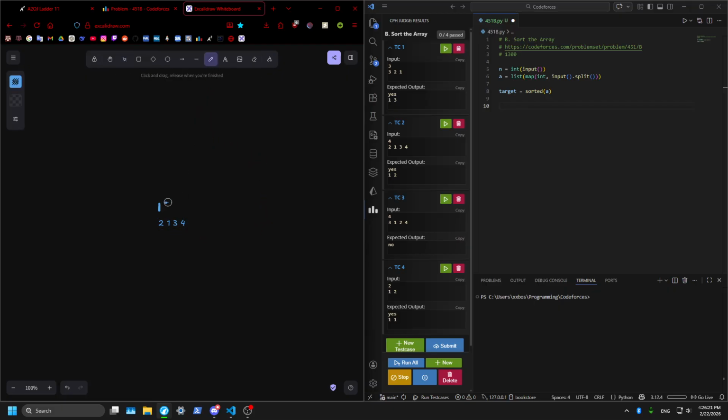There's 1, 2, 3, 4. And then we have our given array here. And then we iterate through, check if they're the same or not. So this is our beginning index, this is our i. And then we keep going until, how do we find the end?